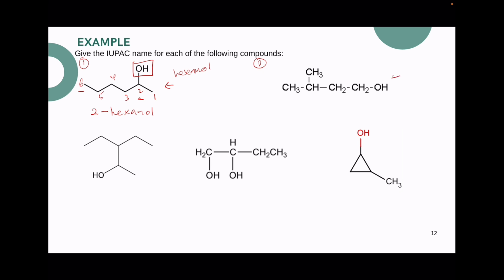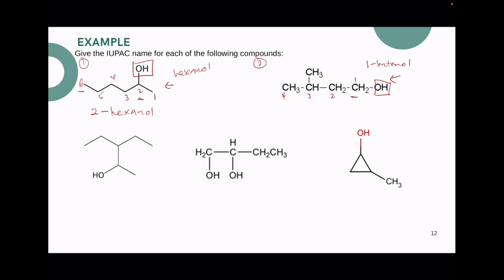Okay, and then the second compound, you can also number it starting from the right side. So this is the first, second, third, and fourth carbon, and the parent name for this compound is 1-butanol because OH is attached at the first carbon.